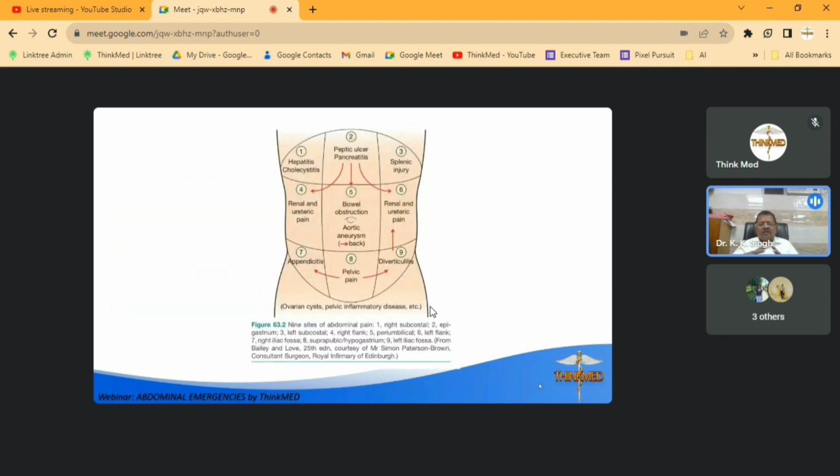Now, one thing, this is the areas which are being shown. I have taken this diagram to make you understand whatever is written on this. Apart from that, these are the 9 parts.